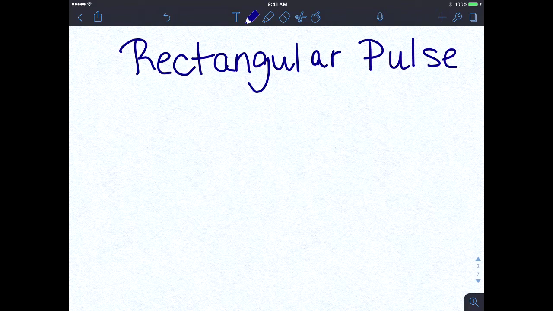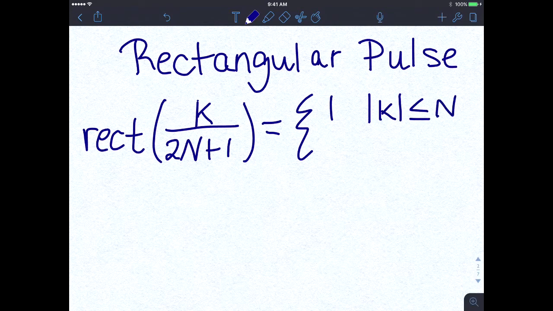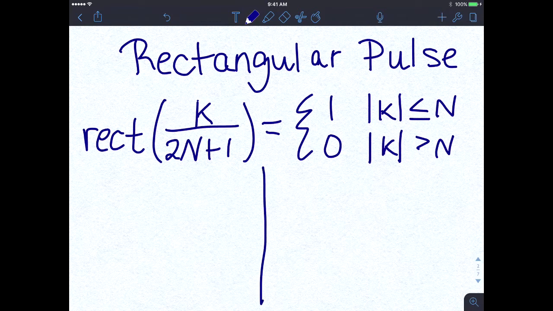The rectangular pulse is written as rect of k over 2n plus 1, and it equals 1 when the absolute value of k is less than or equal to n, and 0 when the absolute value of k is greater than n. It's basically just a pulse, and it depends on the value of n. The value of n is basically the width for that pulse, and everywhere else outside of that width is 0.